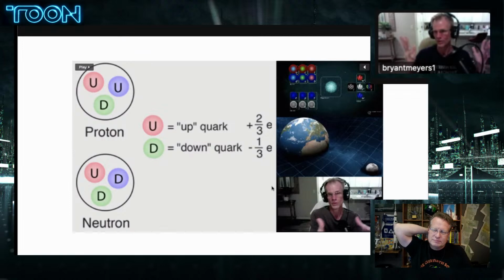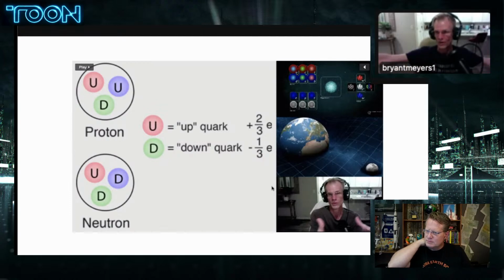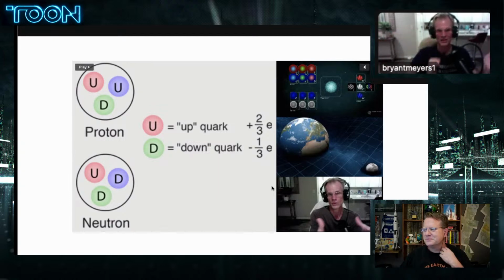It's pretty abstract stuff, but it's still holding together these charges that Coulomb's law said should be flying apart with incredible force. Because when you put like charges that close together, they're just going to fly apart in the other direction. Holding them together takes a tremendous force. So, not to get too much into this, the point is it's a totally different force.